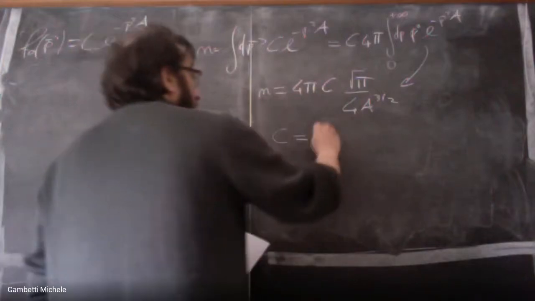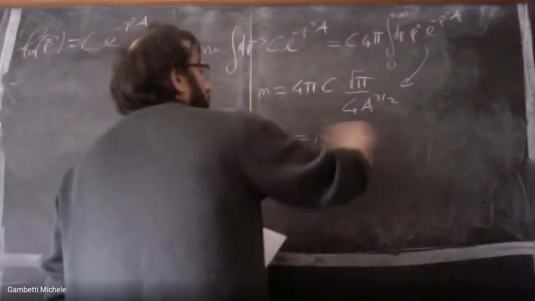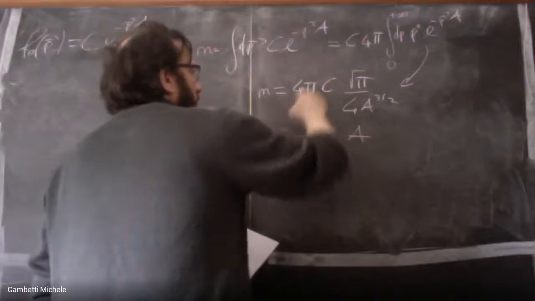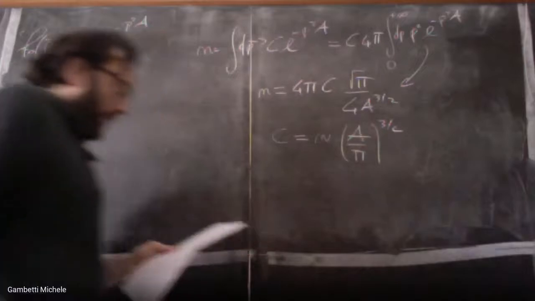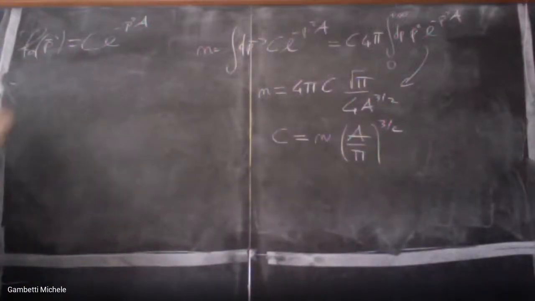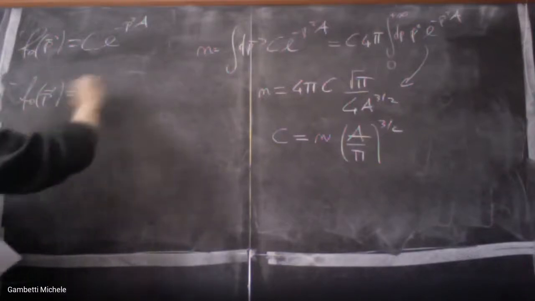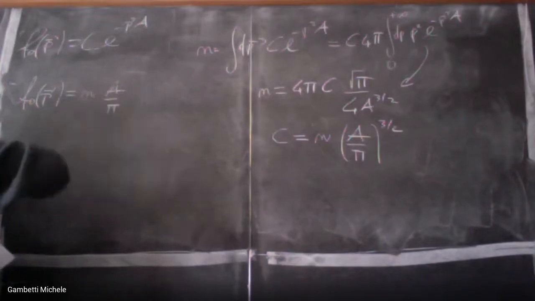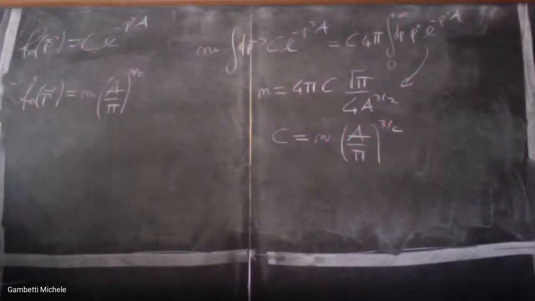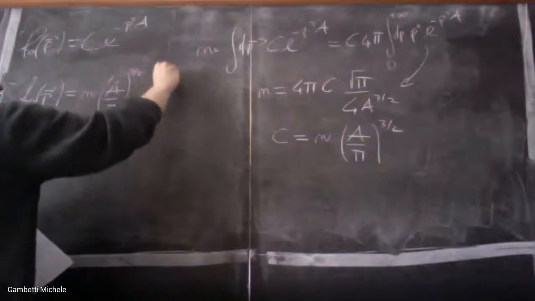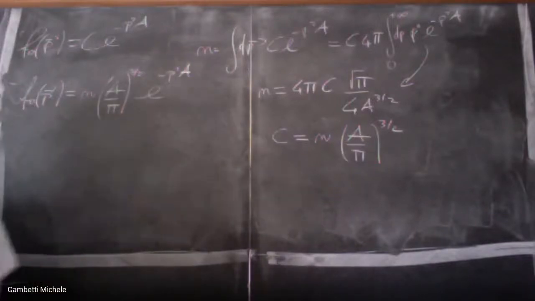So C is n, and then I have a divided by pi. Okay. So then my f0 now, by imposing the normalization, is equal to n a over pi to the power of 3 half, and then I have e to the minus p squared a.